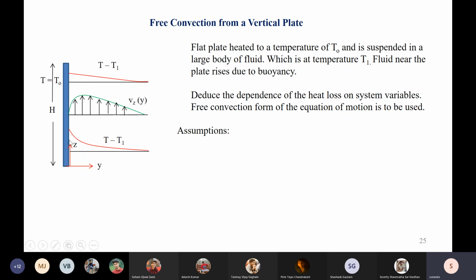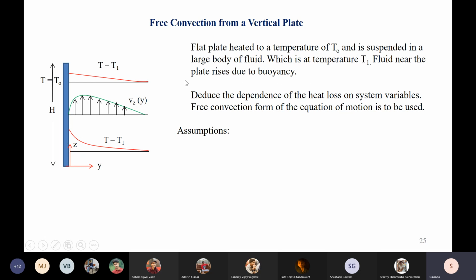There's no applied flow, and the only way the heat can be extracted out of the hot plate is by natural convection. So the flat plate is heated to a temperature of T0.